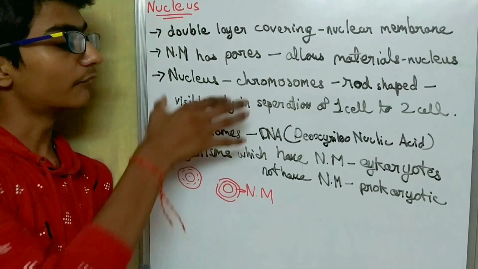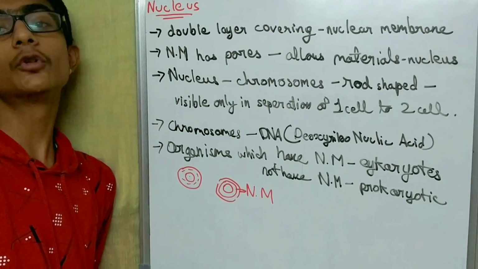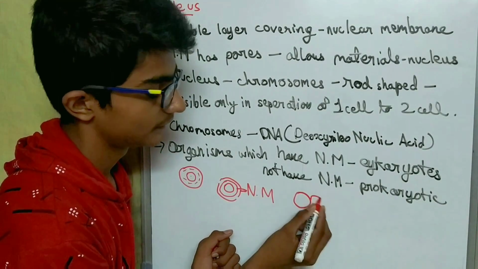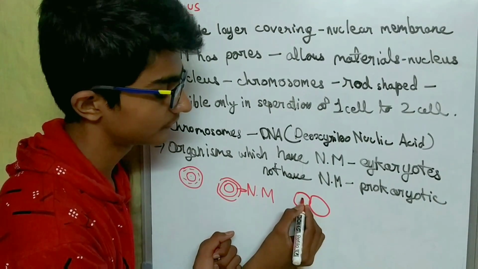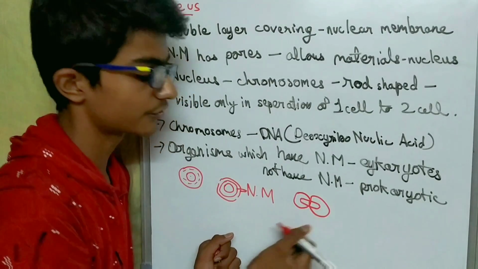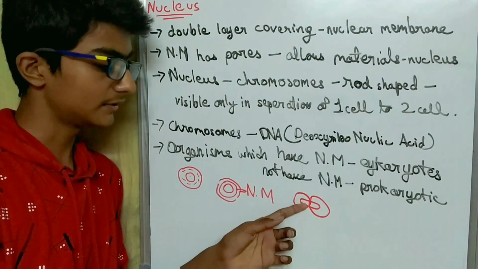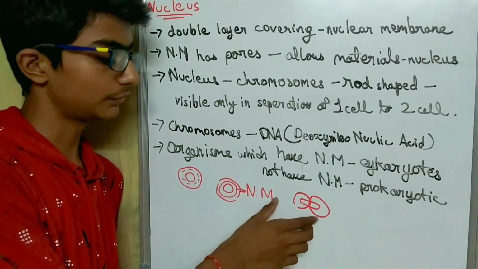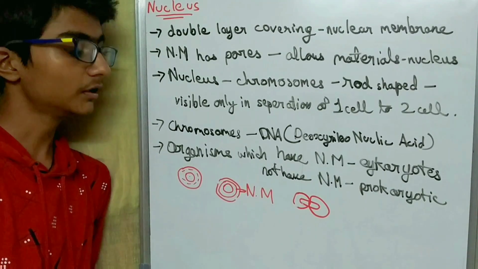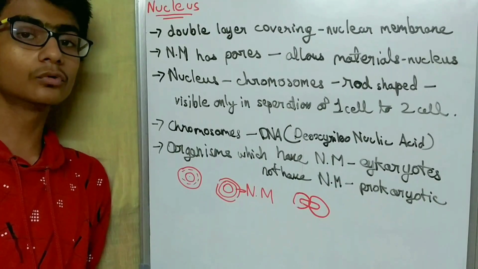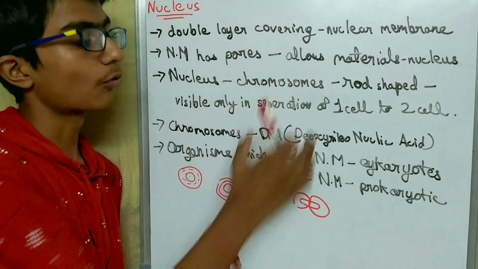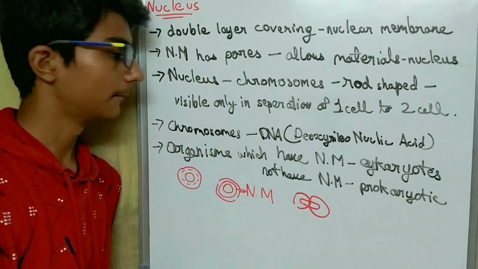Means when one cell divides into two cells, a rod shaped structure can be seen by a microscope. If you want to see it, you will have to see it by a microscope. When one cell divides into two cells, then the rod shaped chromosomes are visible.